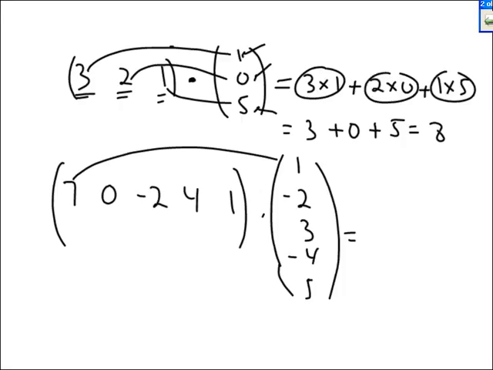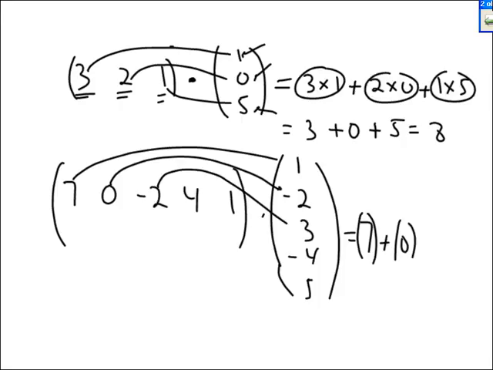You multiply 7 by 1, you get 7. Plus 0 times whatever is 0. Plus negative 2 times 3, negative 6. Plus 4 times negative 4 is negative 16. Plus 1 times 5 is 5.